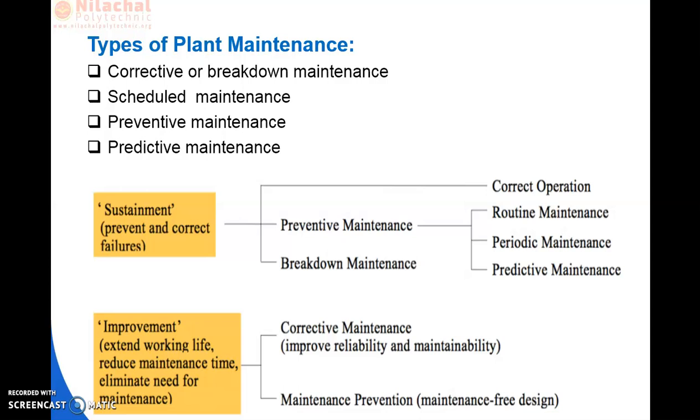If you consider two factors, one is sustainment and another is improvement, then it may be categorized into preventive maintenance, breakdown maintenance, corrective maintenance, and maintenance prevention. First of all, we have to know what sustainment is.